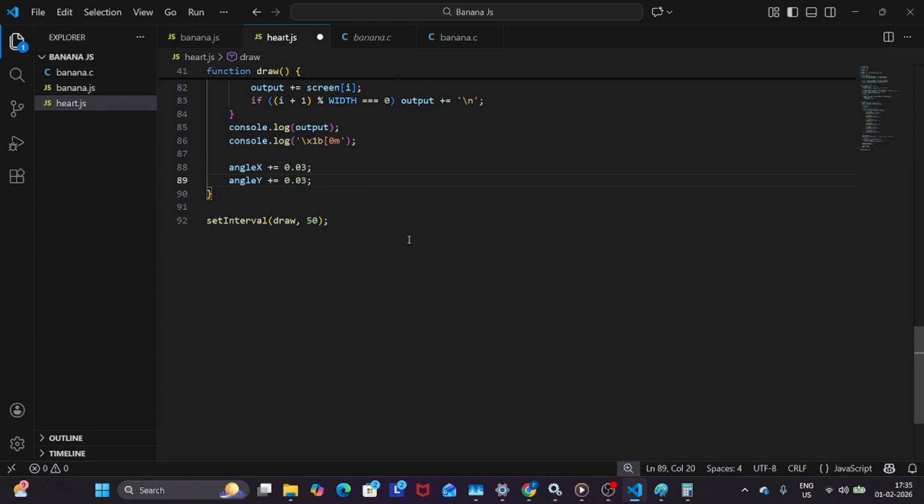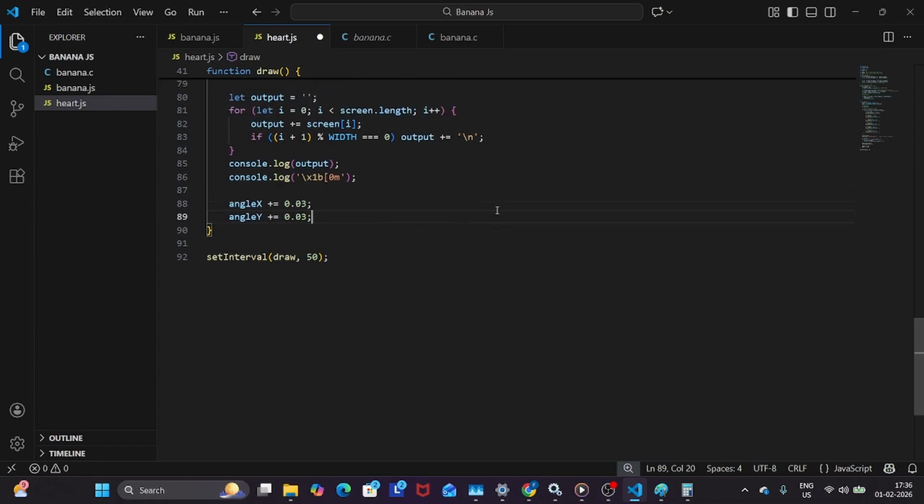Now, what is the summary of this draw? The draw basically resets the screen and depth. Loops through points on all 6 faces, rotates each point, draws each point with the draw point function, clears the terminal, sets color, builds the output string row by row, prints the cube, resets color, and updates rotation angles for the next frame.